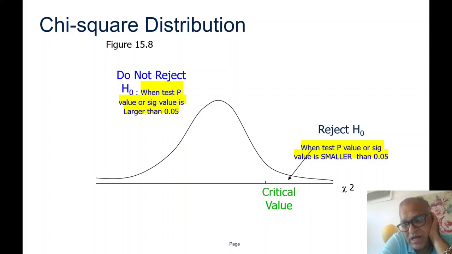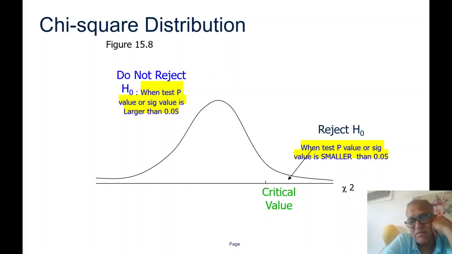Now if the p-value is smaller than 0.05, then you reject the null hypothesis, which means the neutral point is not true, so possibly the alternative is true. On the other hand, if the p-value is larger than 0.05, 5 over 100, then you do not reject, which means the null hypothesis is true, so male and female are equal or there is no relationship between them.